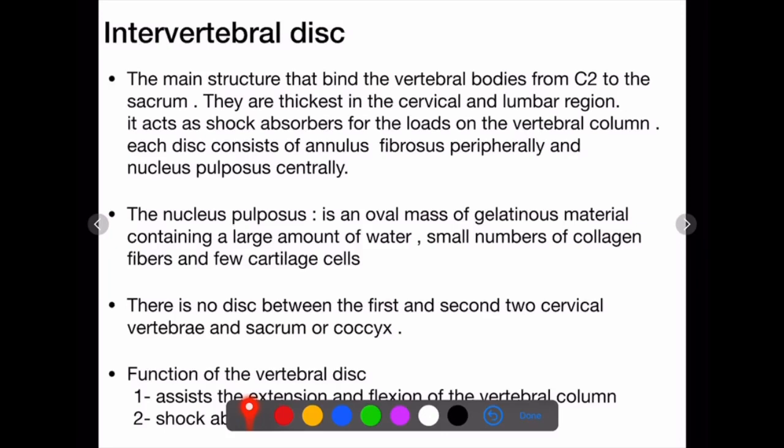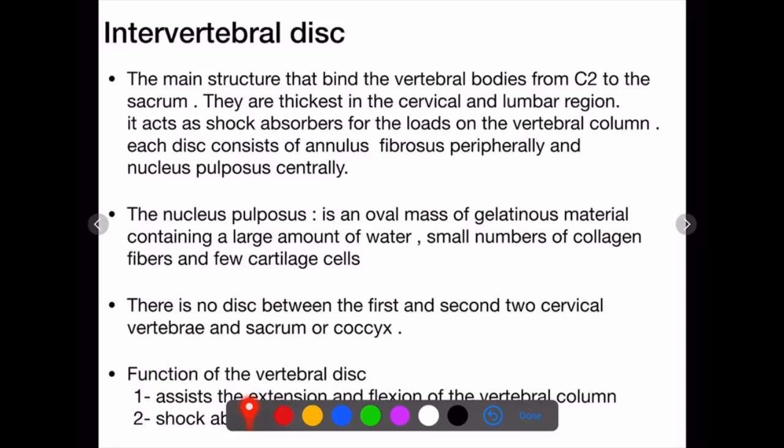The nucleus pulposus is an oval mass of gelatinous material containing a large amount of water, a small number of collagen fibers, and a few cartilaginous cells. There is no disc between the first and second cervical vertebrae, and between the sacrum and coccyx.